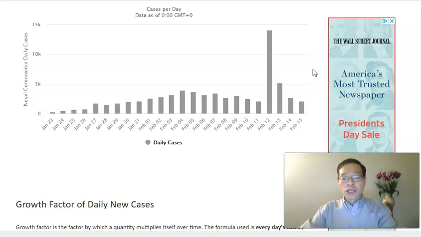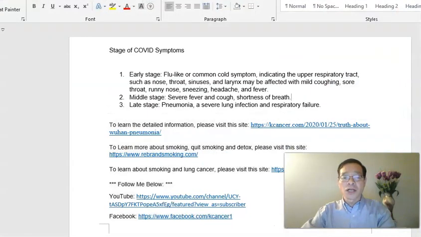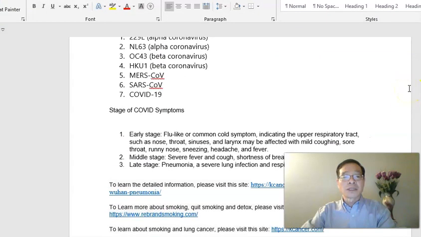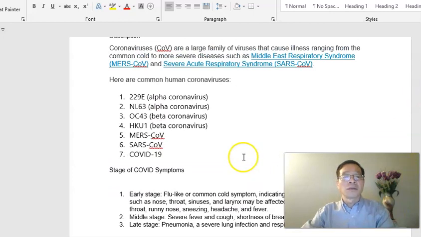And before we look at the symptoms, we need to see the different kinds of human coronavirus. As far as we know, right now there are 7 different kinds of human coronavirus. The first 4 viruses cause the common cold.